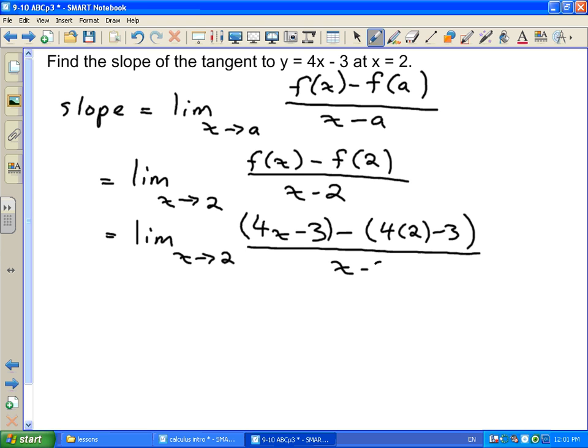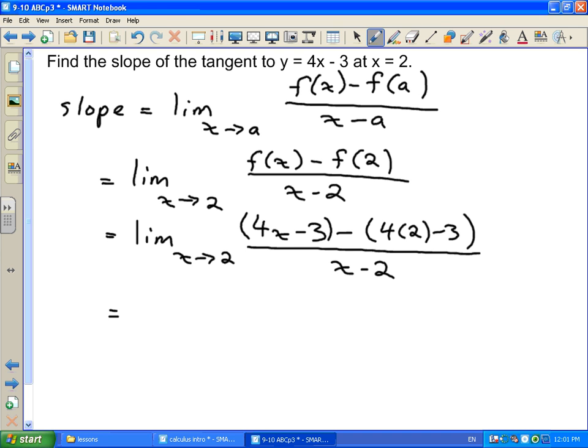Still all over x minus 2. Now, if x is heading towards a value of 2, like I want to know what this thing evaluates to when x is 2. Can I just sub in x equals 2 to this algebraic expression I have here and evaluate it?